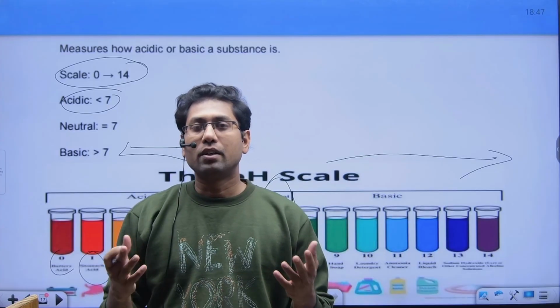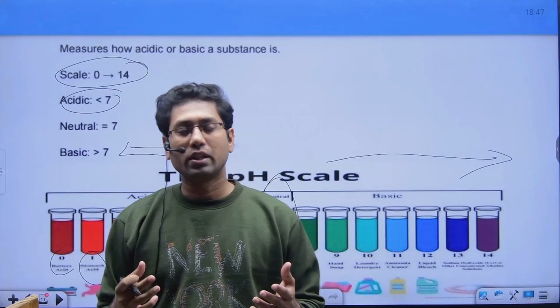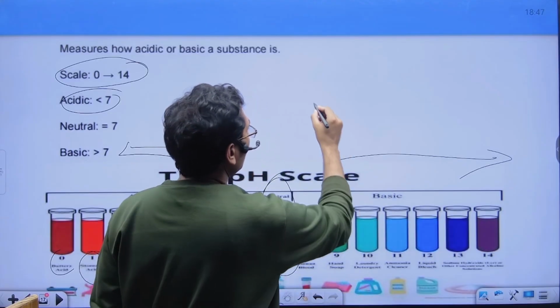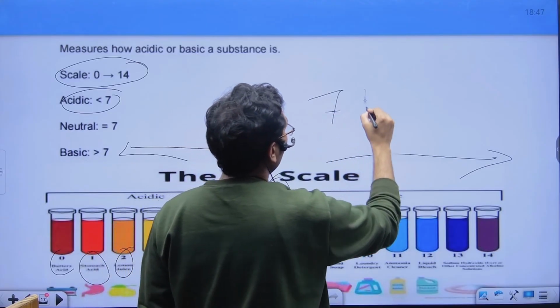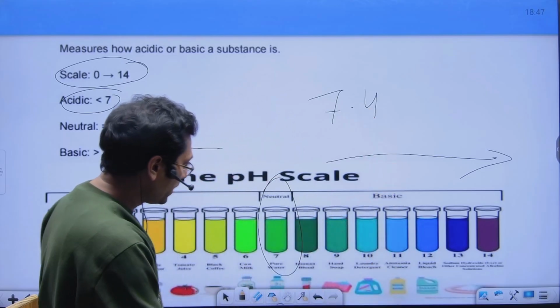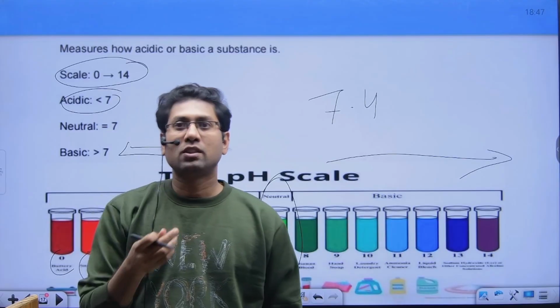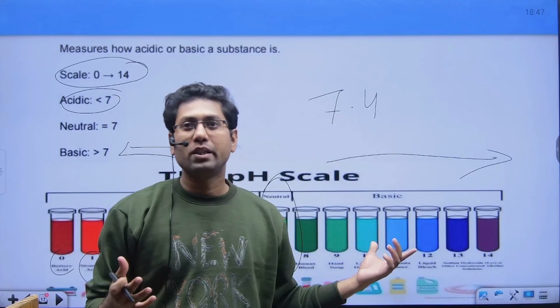One example of a mild base is blood. Blood is slightly basic in nature, with a pH level of around 7.4. So there are many examples given. Friends, this is what we discussed about pH level.